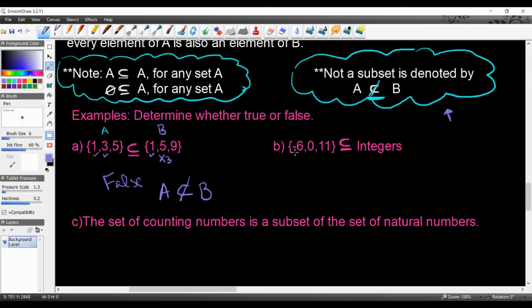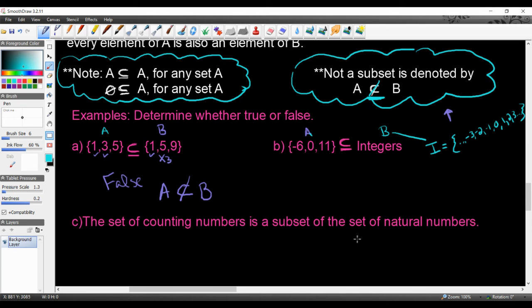Next one. Let's call this A. Let's call the other one B, like we did before. Okay. A has three elements, -6, 0, and 11. And then B is the set of integers. So just really quickly, in case you forgot, remember the integers are equal to dot, dot, dot, -3, -2, -1, 0, 1, 2, 3, and it goes on and on.